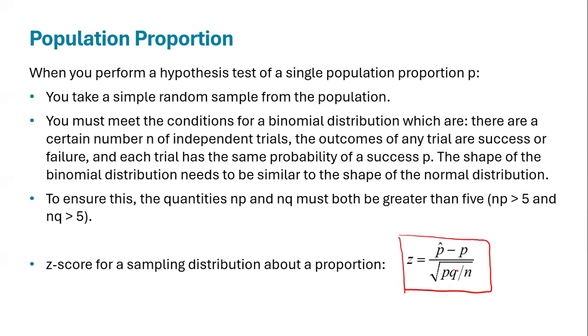To check the requirement, we check the same requirement that we had for the confidence interval. The sample must be random. The question must meet all the conditions of the binomial distribution, or n times p and n times q must be more than 5. After checking the requirement, we use this formula if the claim is on the population proportion.